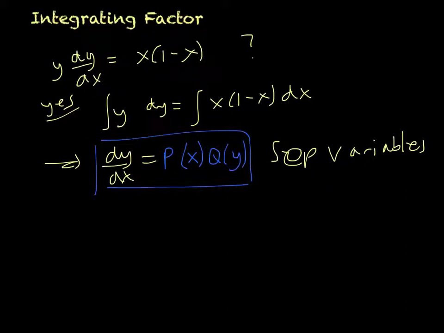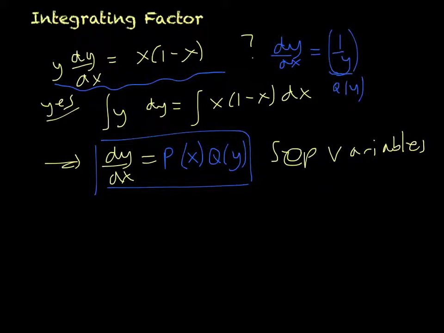This equation is in that form if I move my y over. So I'll have 1 over y, there's my function of y, and my x(1 minus x) will be my function of x. So it is in the form of separation of variables.